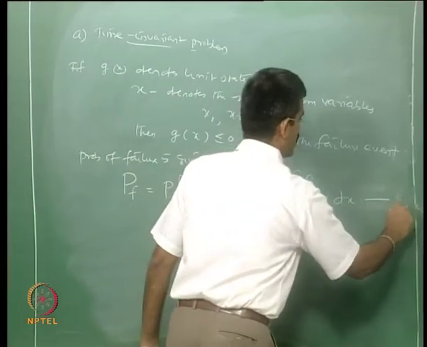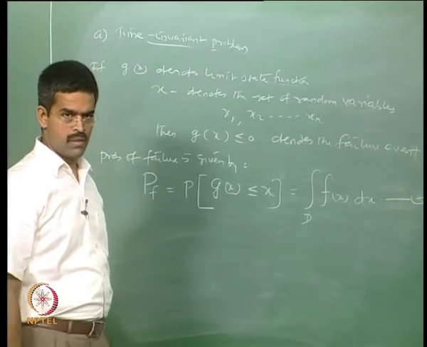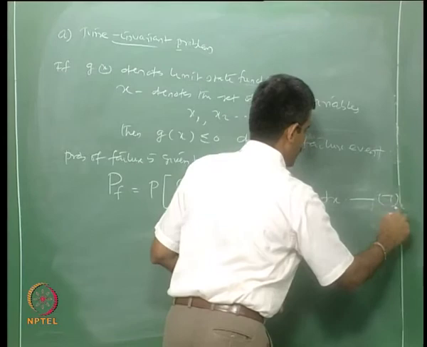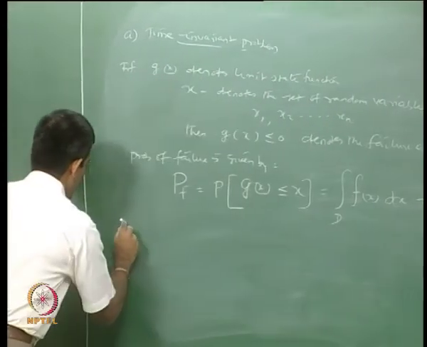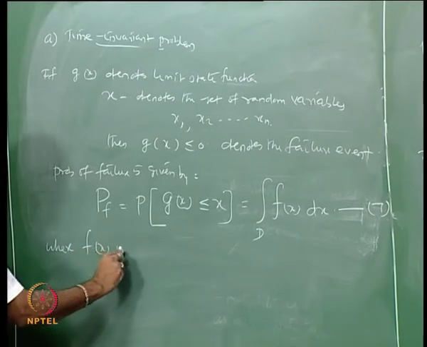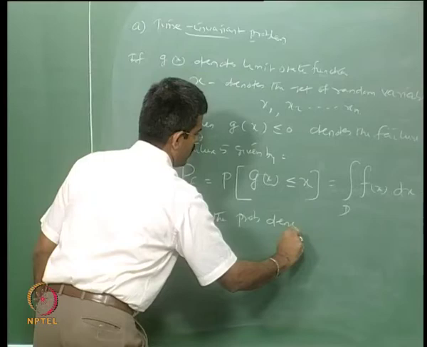I call this equation number, is it 5? 7, where f of x is the probability density function.